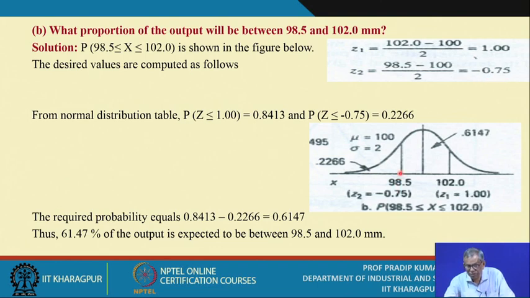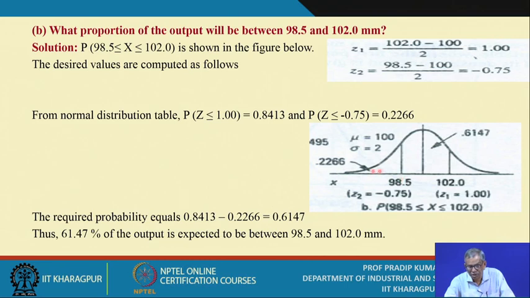So minus 0.75 is somewhere here, and z equals 1.0 is here. Is it okay? So the area is this one, that you have to compute. So you have to refer to the standard normal distribution table, and the required probability equals 0.6147.